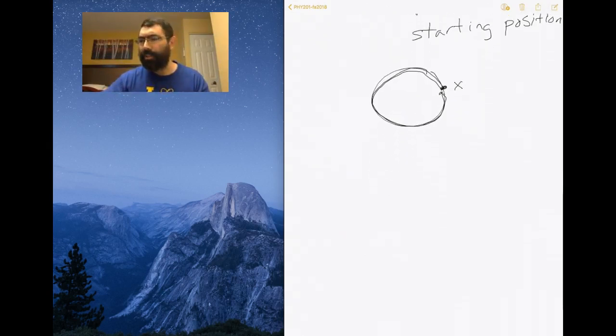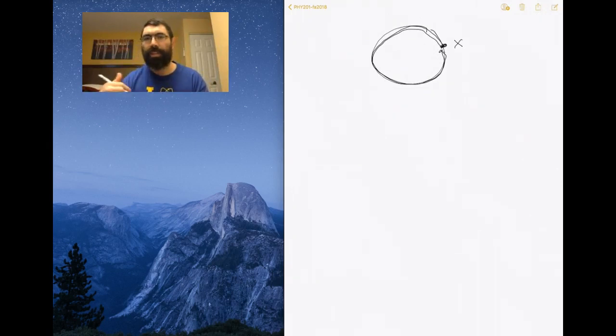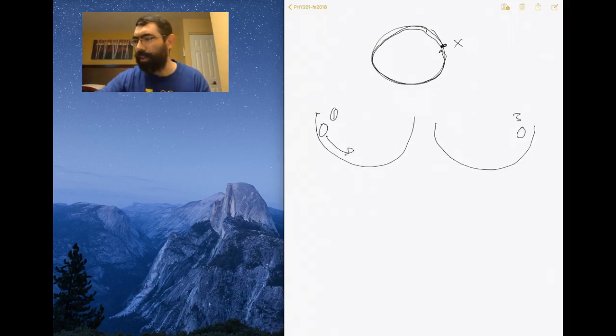In terms of oscillations, we're not always moving in the same direction. In terms of the bowl, we have our starting position 1, and then it moves to position 3, and then it moves back, and then we go back to position number 1.